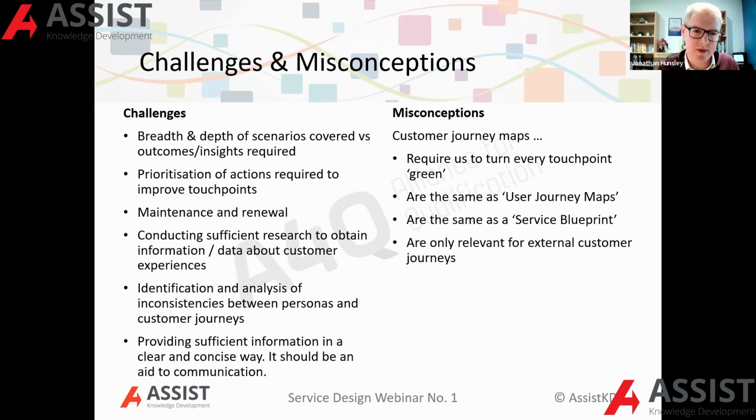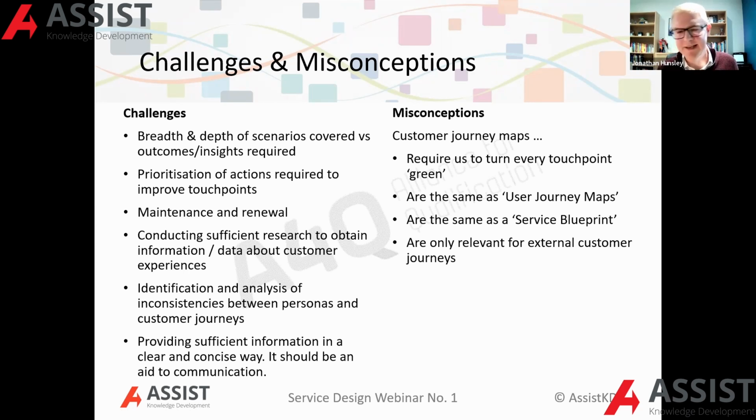How do you make sure they're kept up to date when you make your service improvements and, for example, make the terms and conditions clearer for that hotel? Your customer journey map is then potentially out of date. You've got to do the research. You don't want to be making decisions around prioritizing improvement actions based on customer journey maps that provide a false picture of what really is going on with regard to your customers and their touch points.